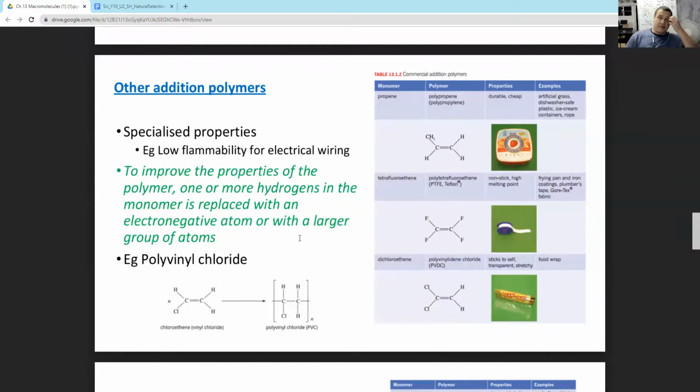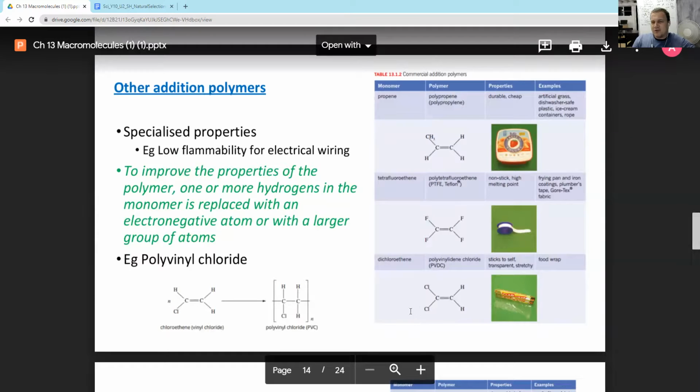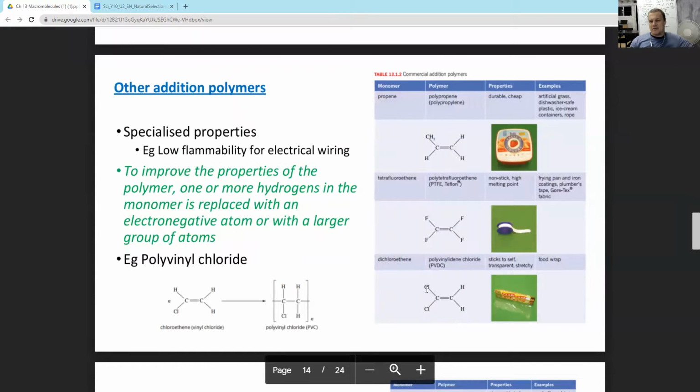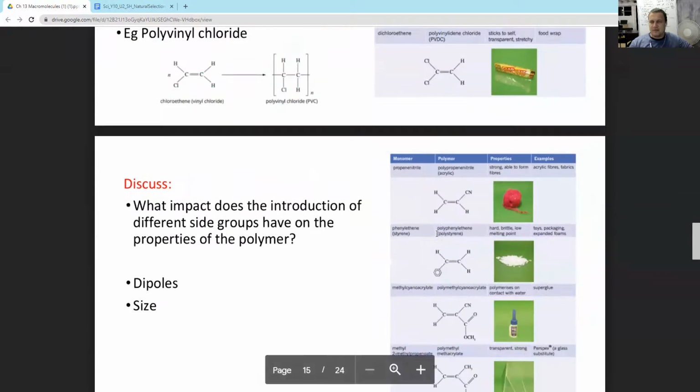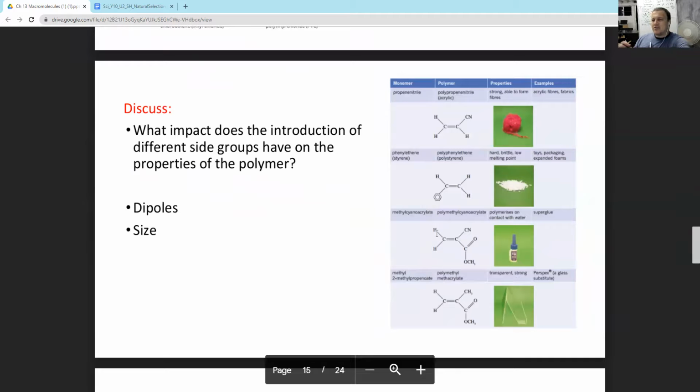So nothing sticks to Teflon, and it also has a very high melting point. So we replace our methyl group and our hydrogen with 2 chlorines, and we get vinylidene chloride, which is food wrap or cling wrap, whatever you want to call it. We add a nitrile group and 3 hydrogens, we get fibers. Synthetic fibers, sorry.